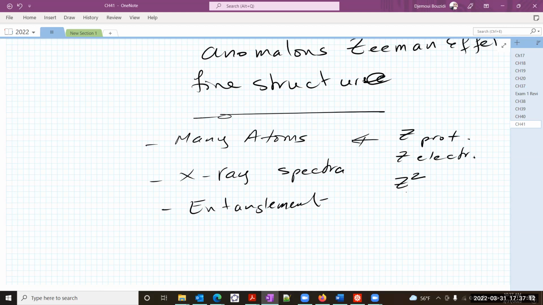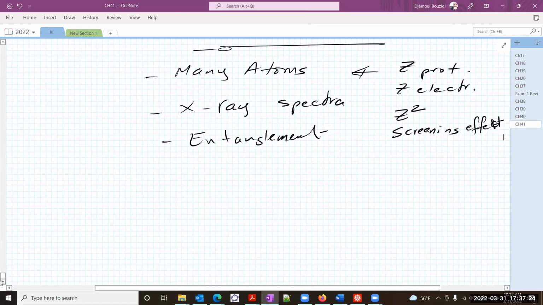So what's going on? There is a screening effect. For example, let me talk about lithium, which is easy because we have 3 protons and 3 electrons. We have neutrons, forget about the neutrons for right now. So on the inside, you have 3 positive charges, and on the outside you have 3 electrons. Two of them are in the s orbital.